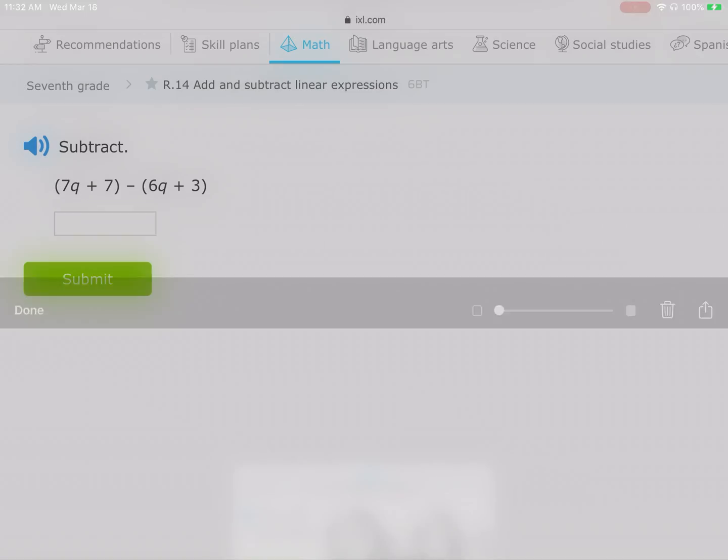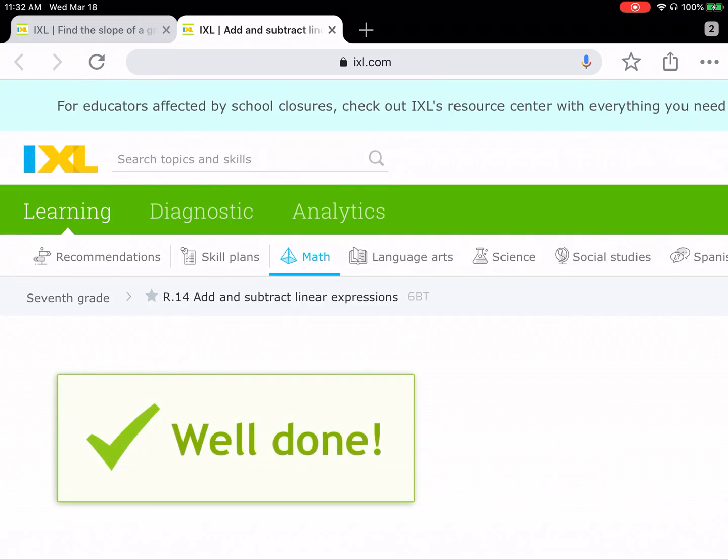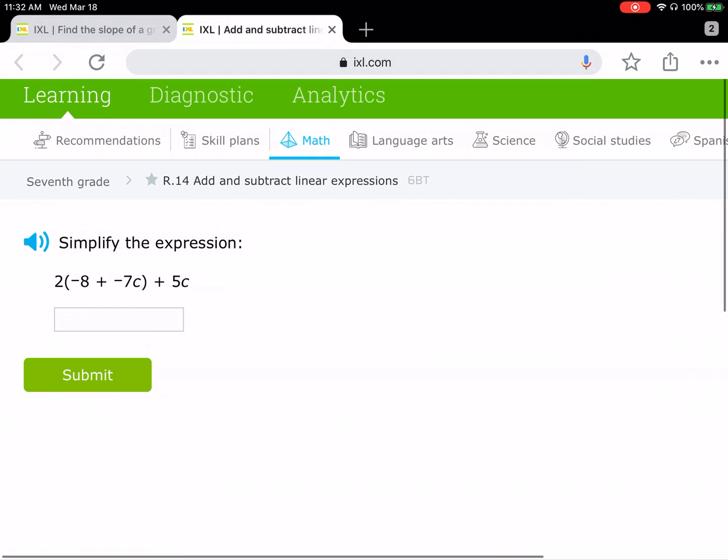My answer is going to be q plus 4. Sorry, I said minus. You can say 1q plus 4 or q plus 4. That'll get you really close to a 70, and you're going to see some problems like that.